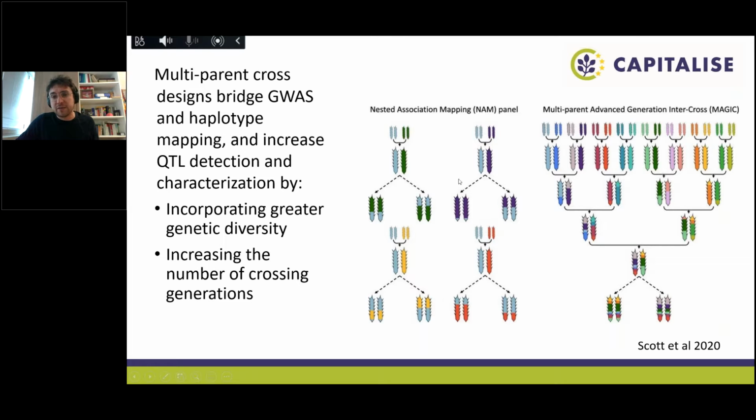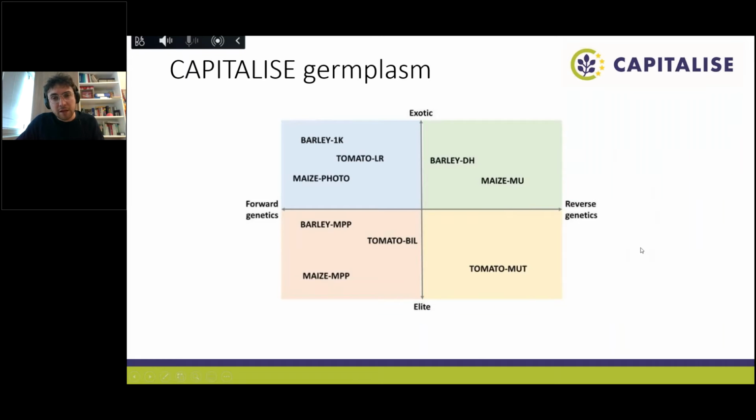There are different schemes, and you will hear about the details soon, but the idea is to bring together different parental lines into a common background so that each individual line used for mapping is actually a mosaic of a broad diversity, representing a larger share of the agrobiodiversity available in the target crop.